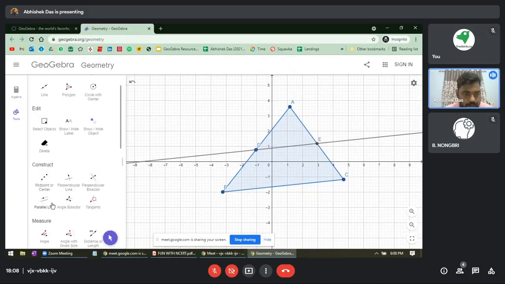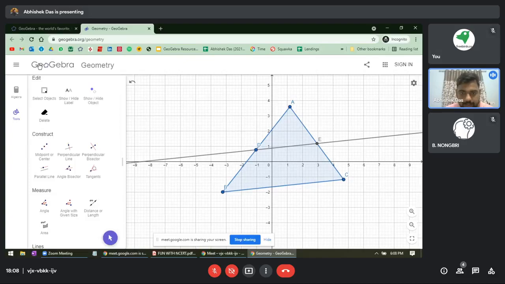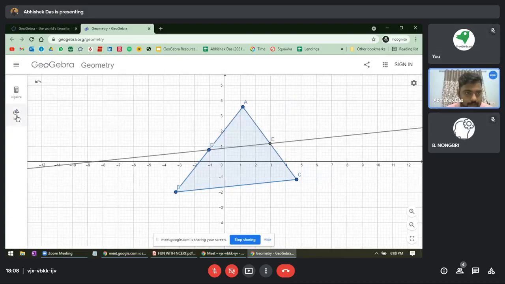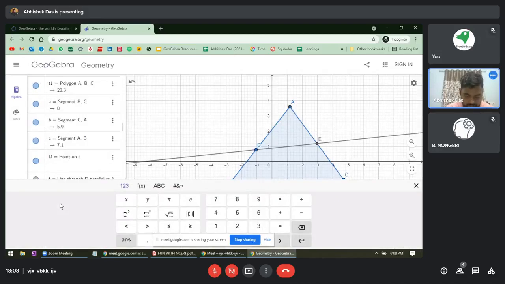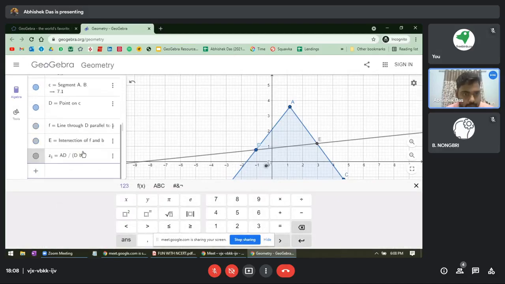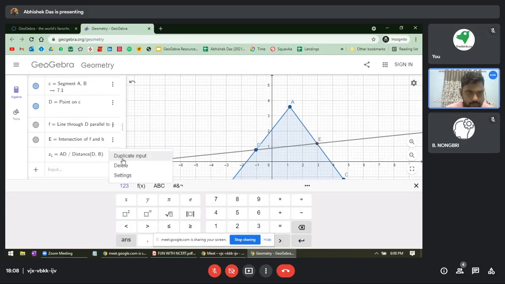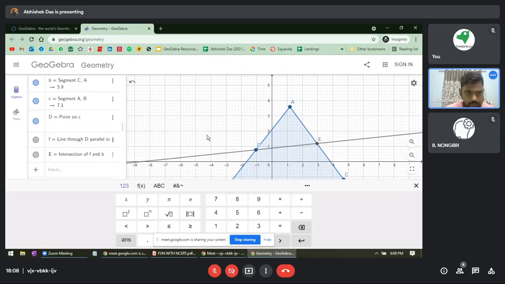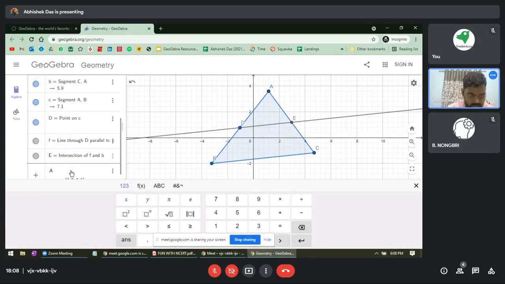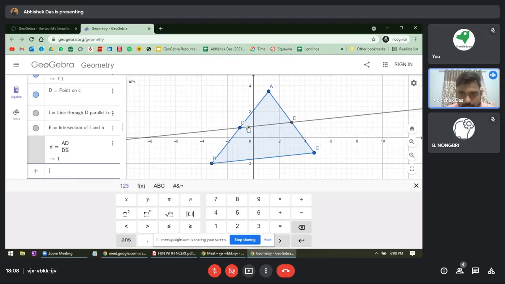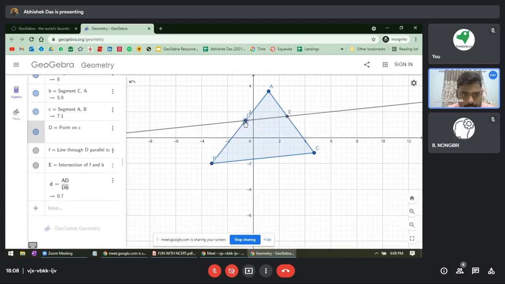Now, let us find out the ratio of AD upon DB. AD upon DB is shown to be equal to 1.